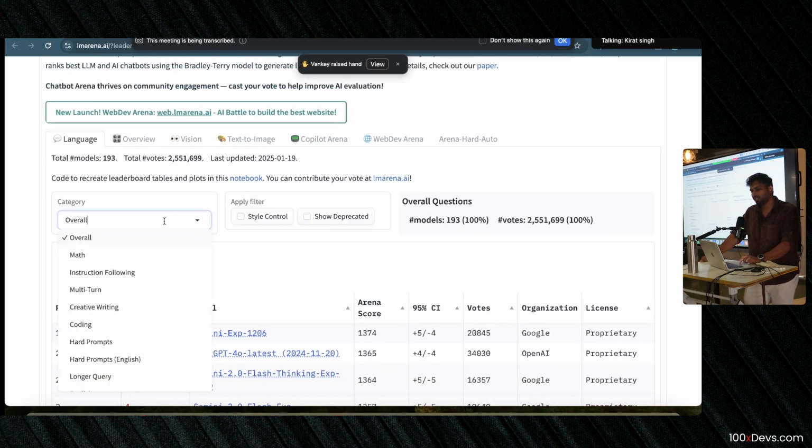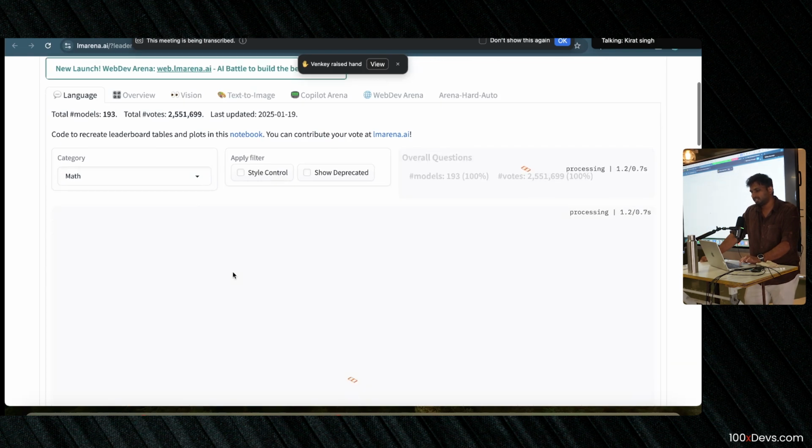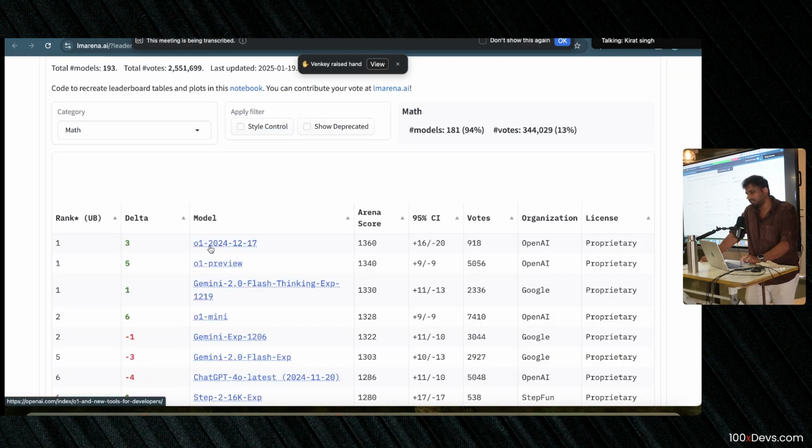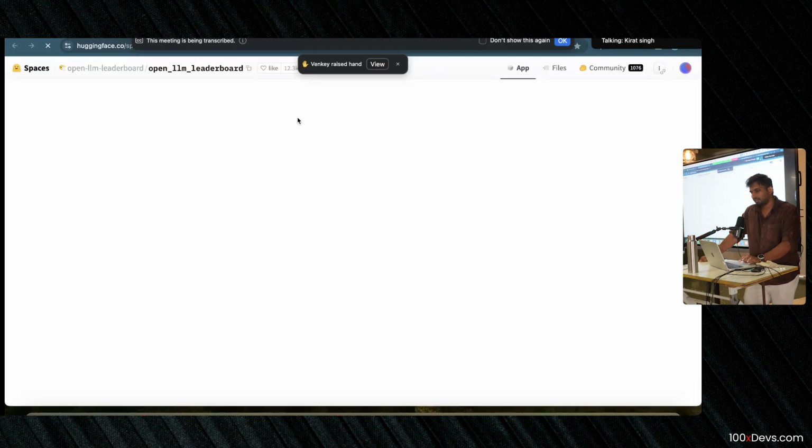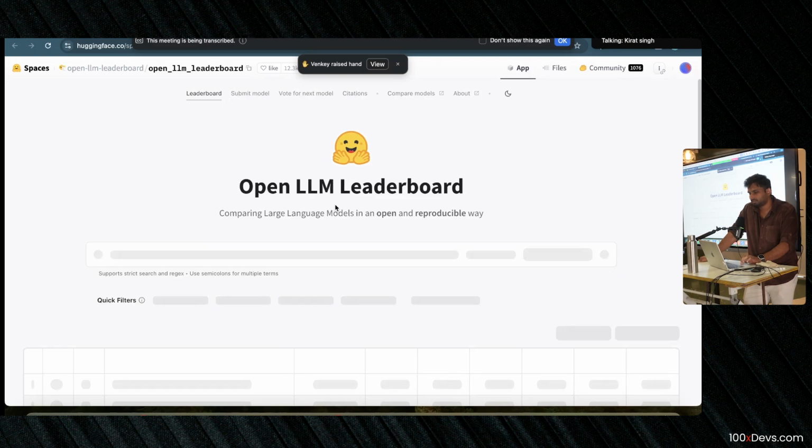Then what you can do is go to these categories. These are different languages, data sets, and all that. You can select, for example, math, and then I can see O1 preview does the best, right? O1 2024. In this way, I can figure out which LLM to use from all the available options because I know these data sets. Then you also have the Hugging Face LLM leaderboard.